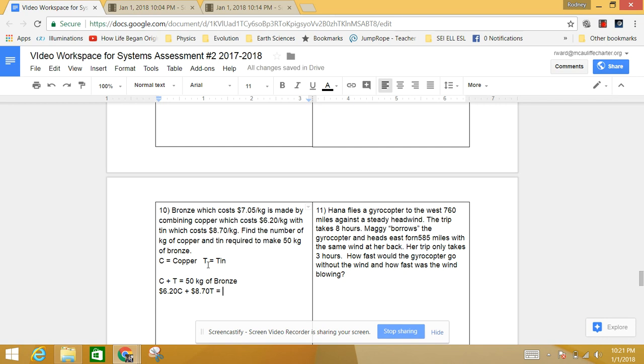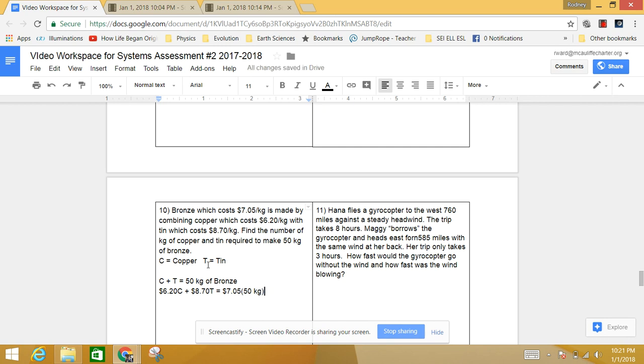Now, a lot of people, when they tried this one, tried to make this equal $7.05, but that's not right. $7.05 is how much 1 kilogram of bronze costs. We want to know the total price of all the kilograms of bronze, which means we're going to have to multiply $7.05 times 50 kilograms.